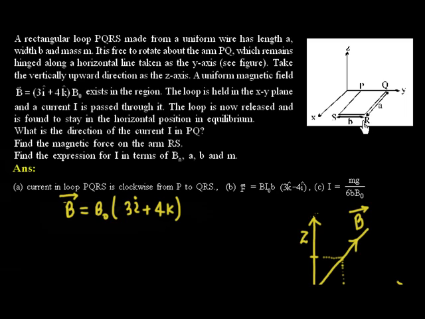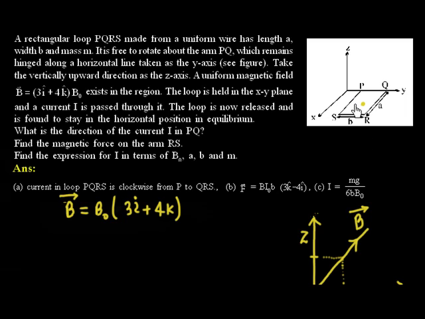You see, if this loop remains stationary, this means there should be a force applied. So basically mg is the force acting in the downward direction. So there should be a force applied in the upward direction. Then only will this loop stay, because about this axis PQ you will have a torque of mg. So mg is acting from this point. If there are no other forces, mg will act from here and this loop will fall down.